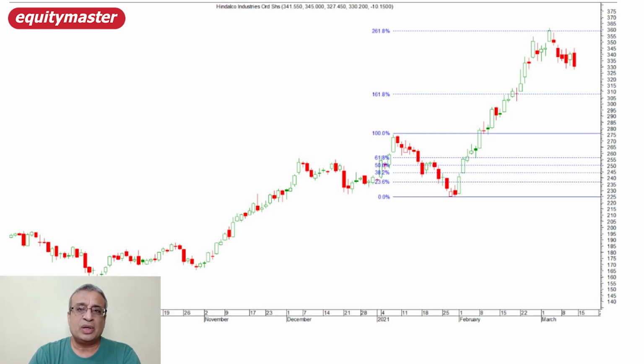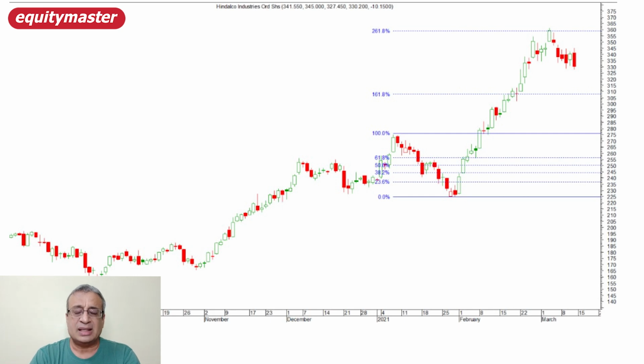Now, if you were to take this fall as 100%, a simple deployment of a Fibonacci retracement ruler would have told you that the share peaked out at 261.8% retracement or hyperextension. Now it has retraced lower somewhat accurately from the 261.8% retracement.